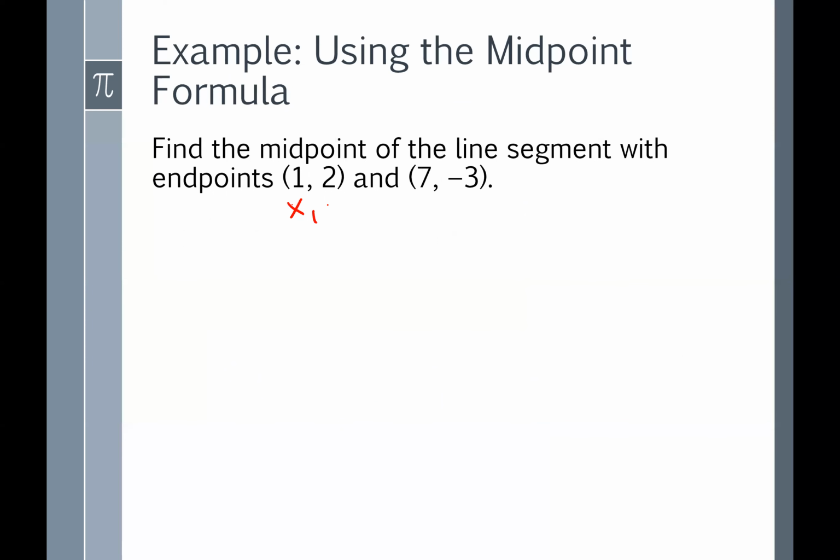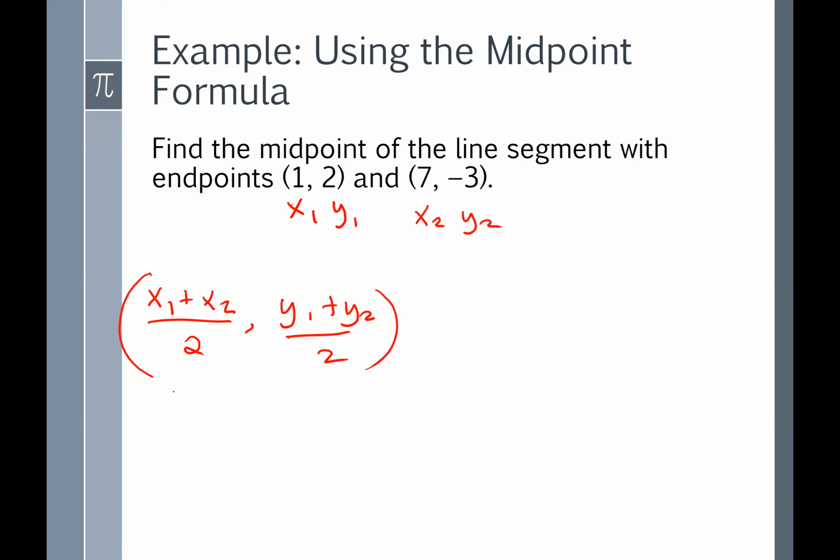So call that x1, y1, and maybe x2, y2. And so the midpoint can be found by taking the average, or just adding the x-coordinates and dividing by 2, and the y-coordinates and dividing by 2. And this is an ordered pair on the coordinate plane. It is a point on the coordinate plane, so we are going to put parentheses around it.